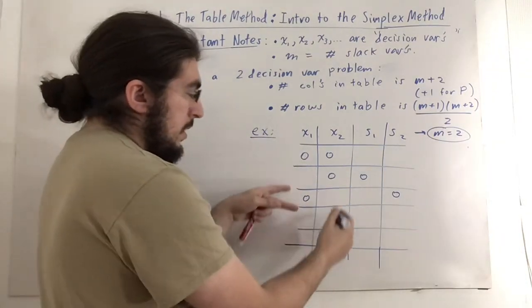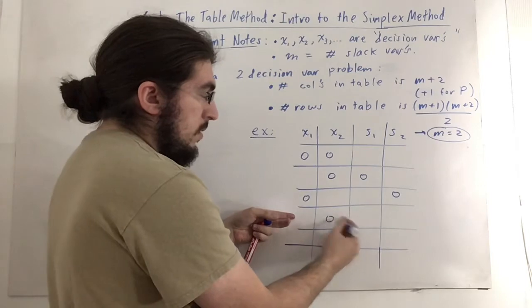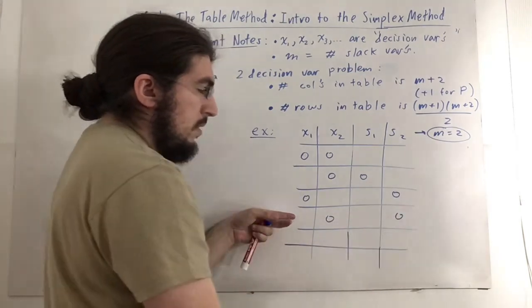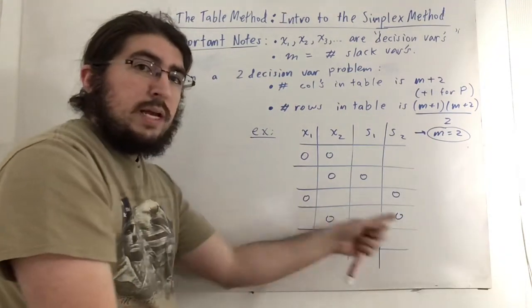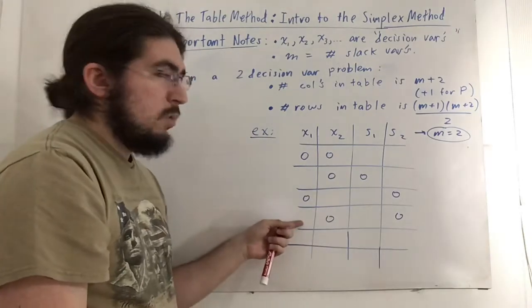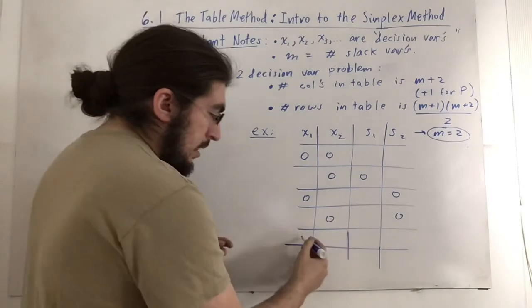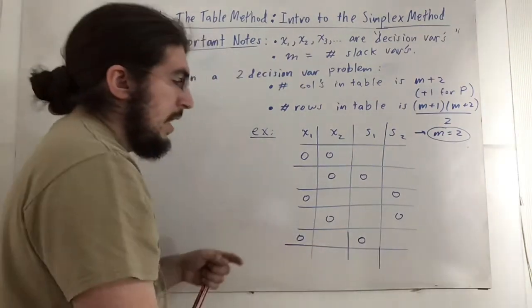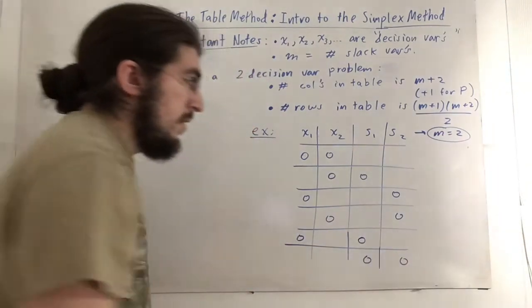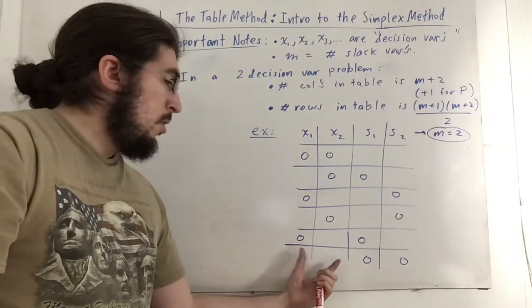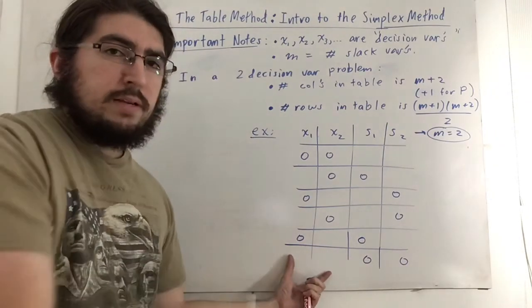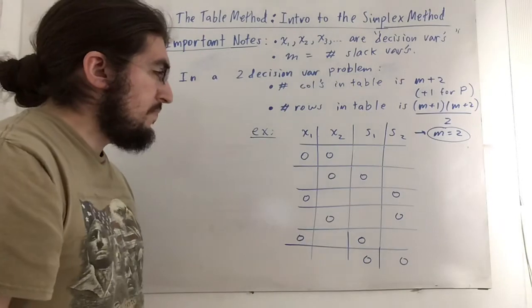So that would look something like this. So if x1 was 0, it would be 0, and then 0 for s2, because it's in the second equation, so s2 would be 0 to have x1 be non-zero only in the second equation, and then this would be 0 and 0 like that. And then finally it was 0, 0 for s1 and s2 for the last one, where we want to find that hard corner point that we have to solve the system for actually.